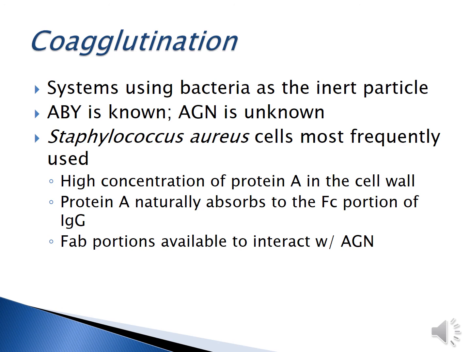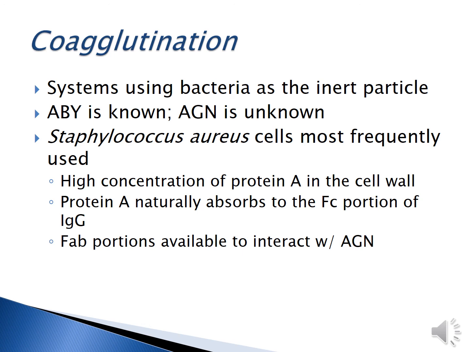So if you could try to picture that in your head, we have a bacterial cell with antibodies sticking out around the surface of this bacteria cell. So the Fc portion is dug into the cell wall, and the Fab portions, the Y part, are still sticking out and able to identify antigens.